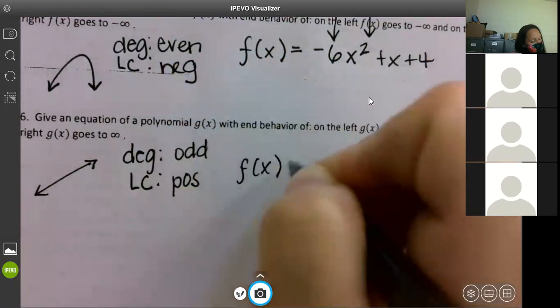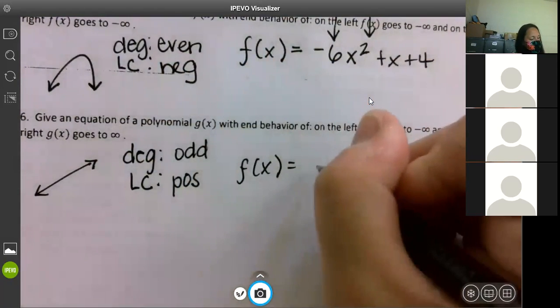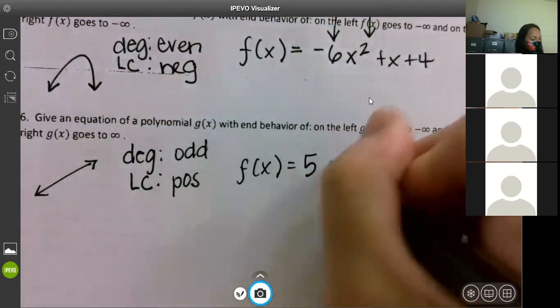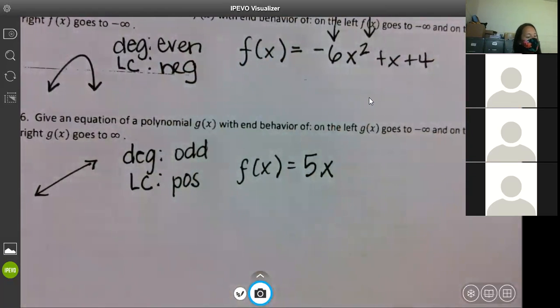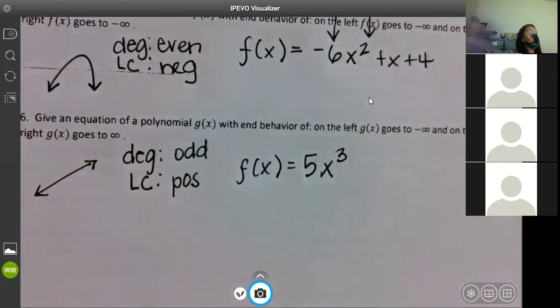So f of x equals, give me a positive leading coefficient. Any number. 5. x and an odd power. 3. That's it. You can put a bunch of stuff behind it. You can change the number in front as long as it's positive. You can change the power as long as it's 3, 5, 7, 9, 11. It doesn't matter. All right. Any questions?